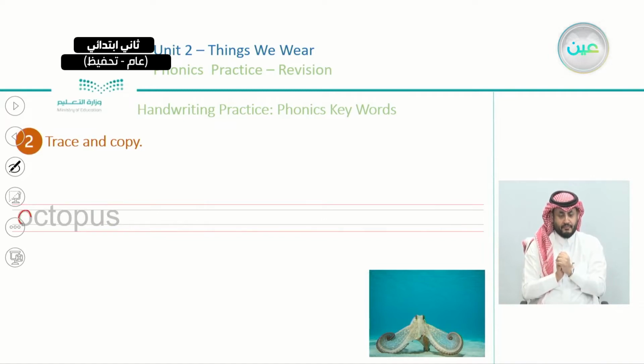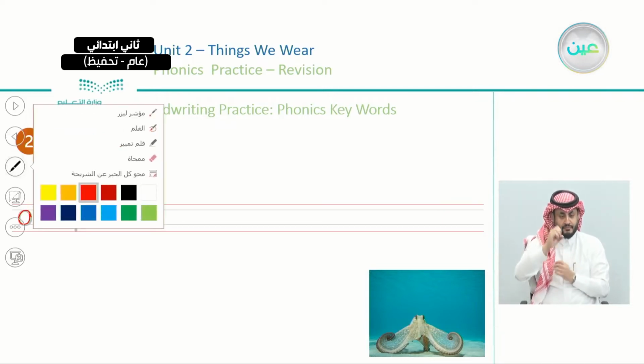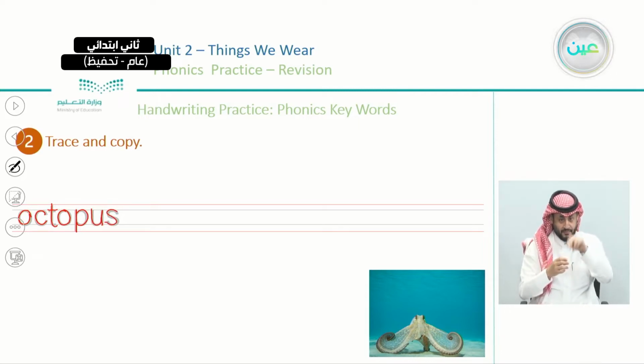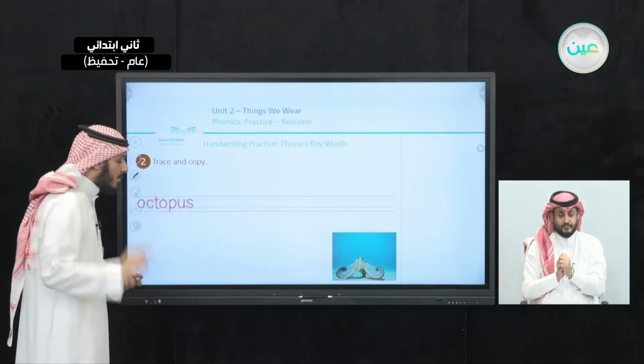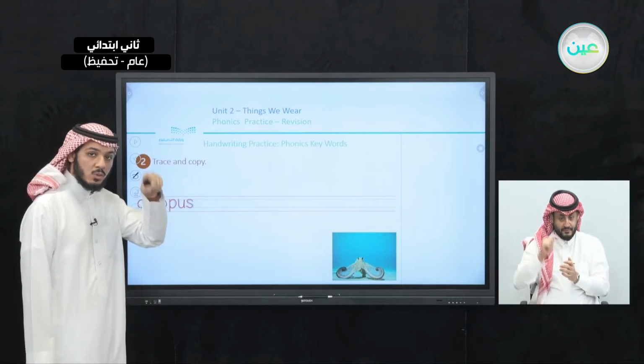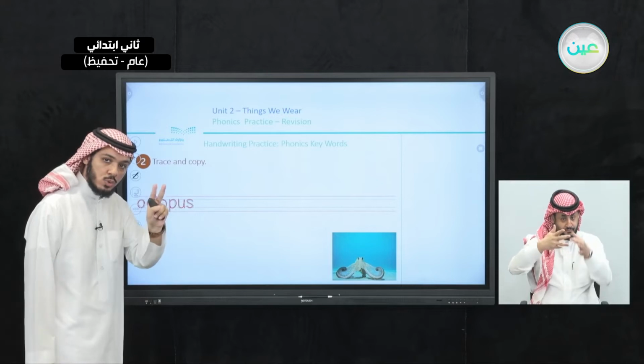So we have O, C, T, start from number 1 to number 3, O again, P, U, then we have S. All the letters start from number 2 to 3 except for T and P. T starts from number 1 to number 3, and P starts from 2 to 4.